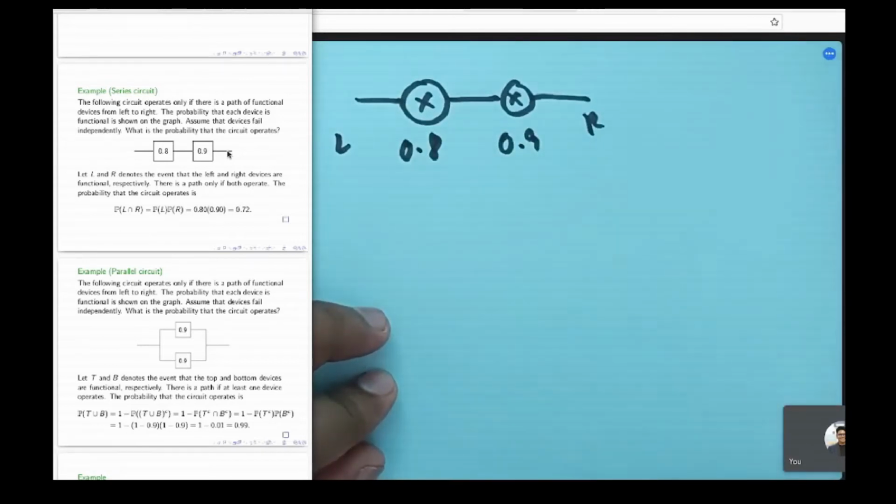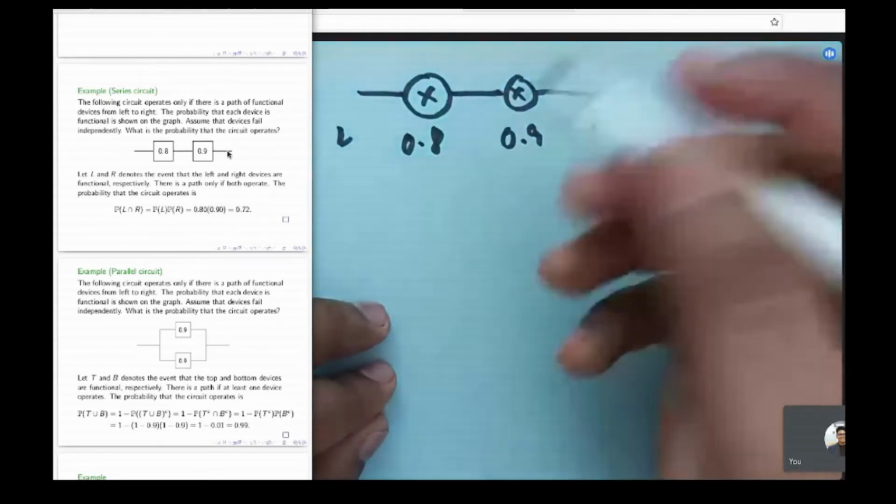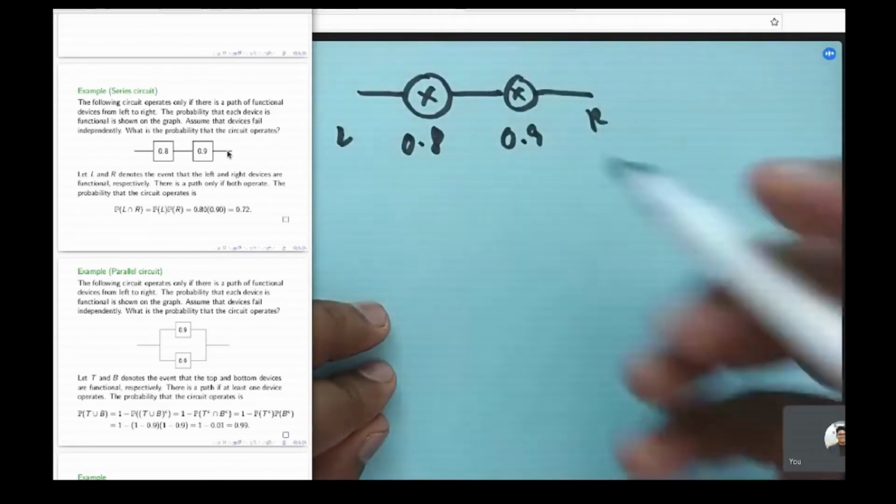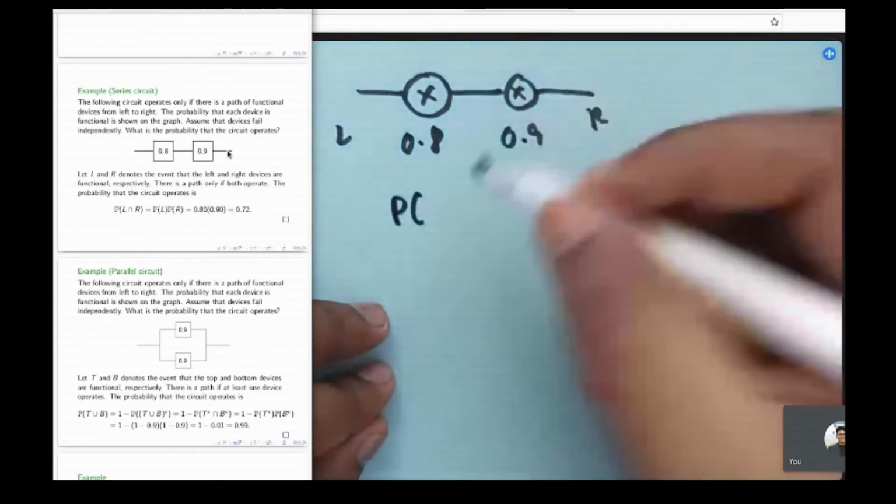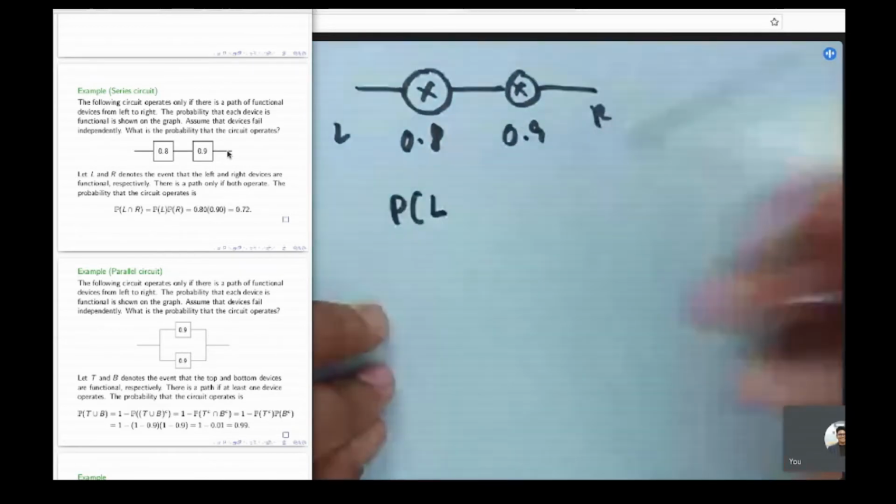Independently failing inherently implies that they don't fail together, which means the probabilities are not dependent on each other.